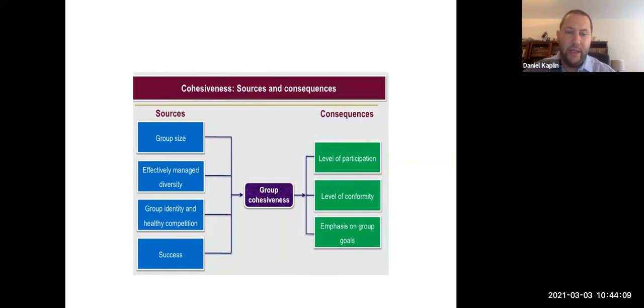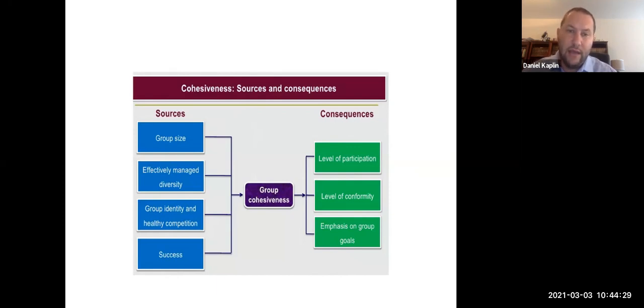There might be competition for attention and resources, and differing views on group identity. And then you have issues with relative success, right? All of these impact group cohesion.